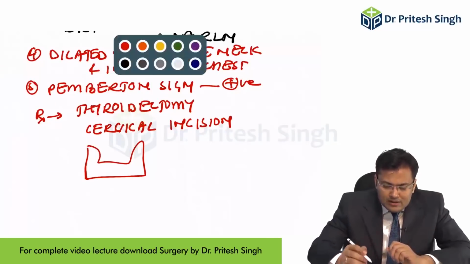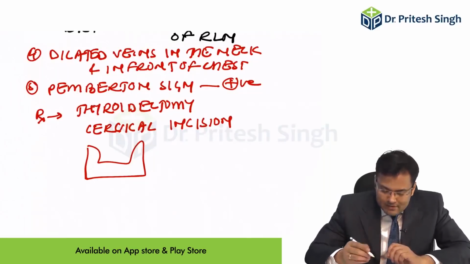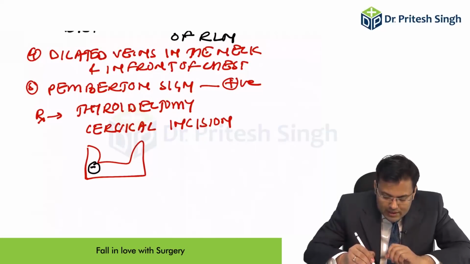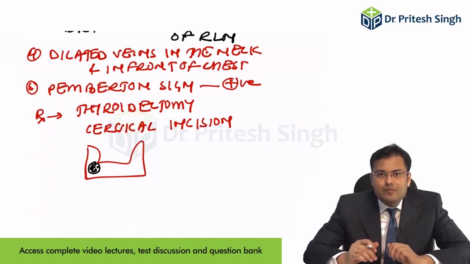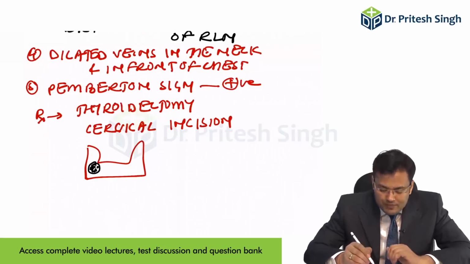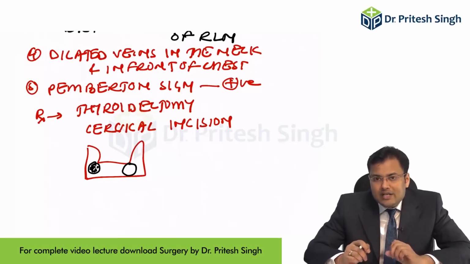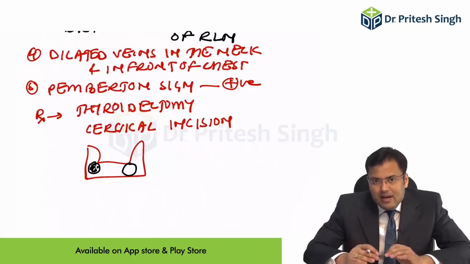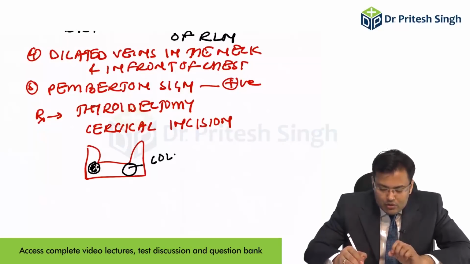Now see, on this thyroid scan or radioactive iodine scan, if one nodule collects more radioactive iodine than the surrounding tissue, this is known as a hot nodule. And if there is one nodule which collects less radioactive iodine in comparison to the surrounding tissue, this is known as a cold nodule.